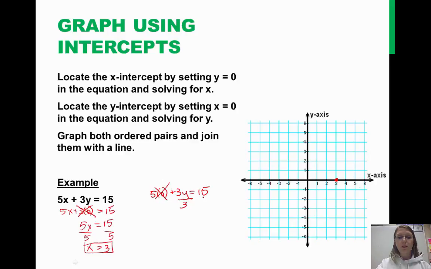I can divide both sides by 3, and then I have y equals 5. So I can put a point here. Now I have 2 points, and because I have 2 points, I can actually draw my line. In your notebooks, when you do this, you should use a straight edge so you can draw a straight line. I'll do the best I can here on the screen. So there, we have our line.